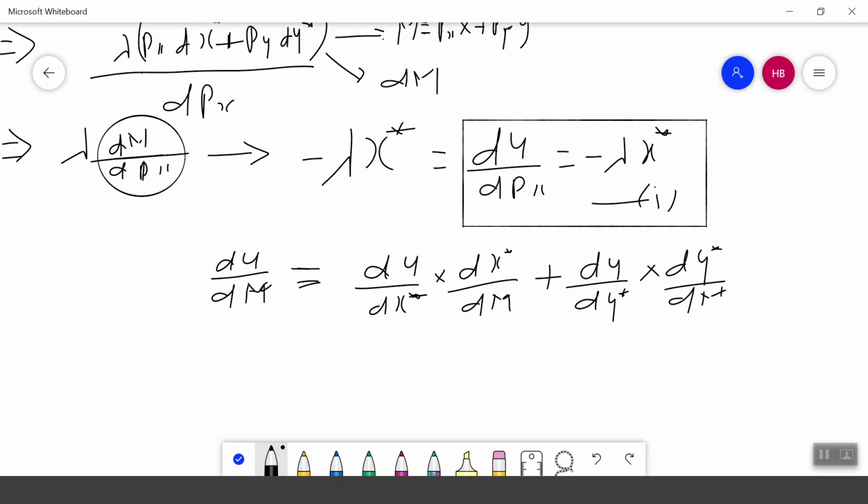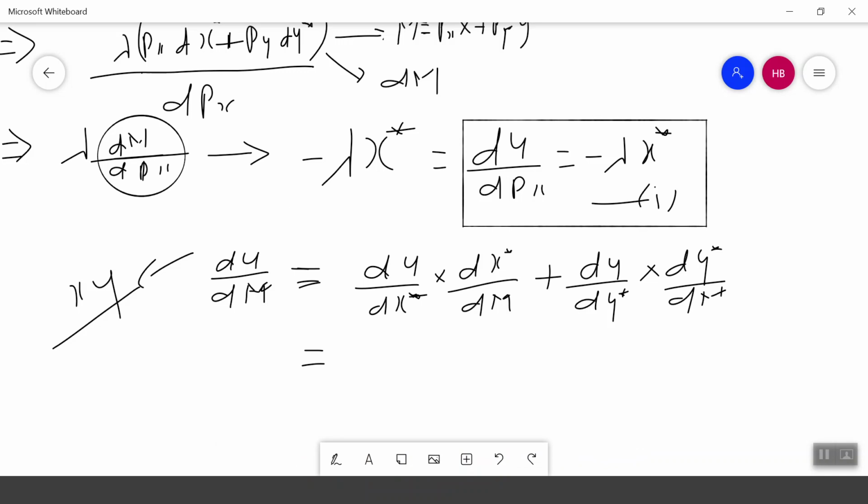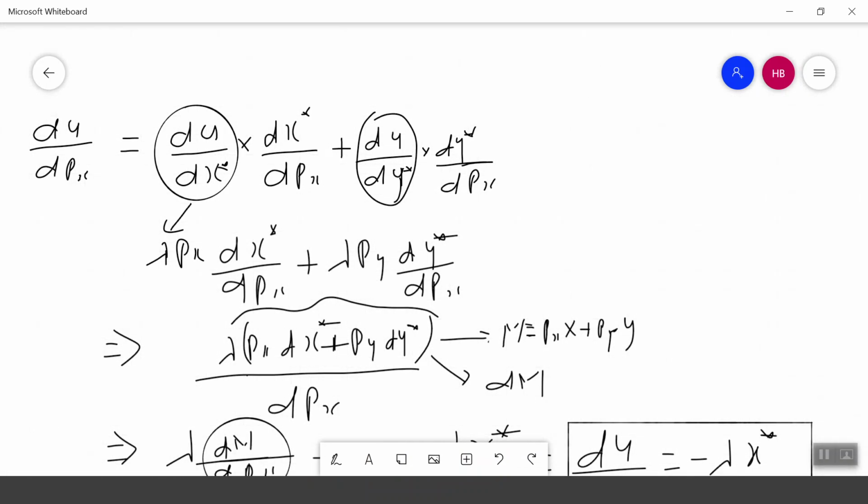When you are deriving, du is basically your xy as per your Cobb-Douglas function. So when you are trying to divide it, you can describe the equation like this. Now this du by dx, similarly to what you saw here, had become lambda px and lambda py.